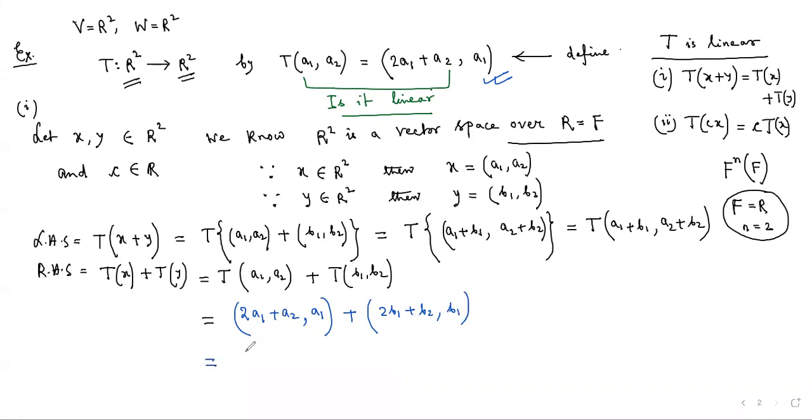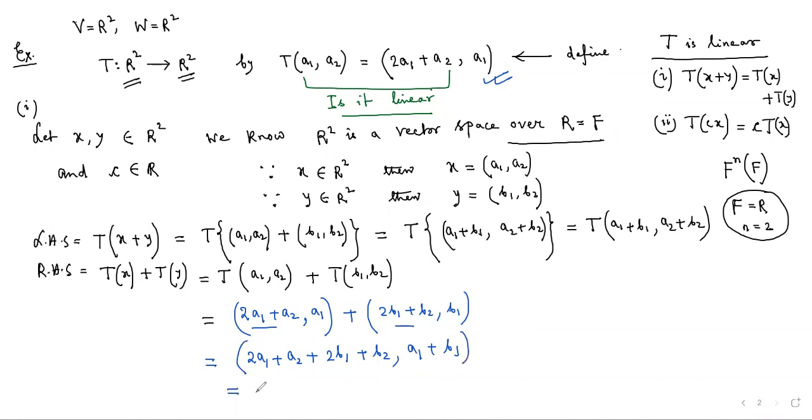Now you add the ordered pairs. If I add the ordered pairs, what will I get? The first elements will add with one another, and the second elements will add with one another. So we'll get 2 of A1 plus A2 plus 2 of B1 plus B2 comma A1 plus B1. This is the outcome.